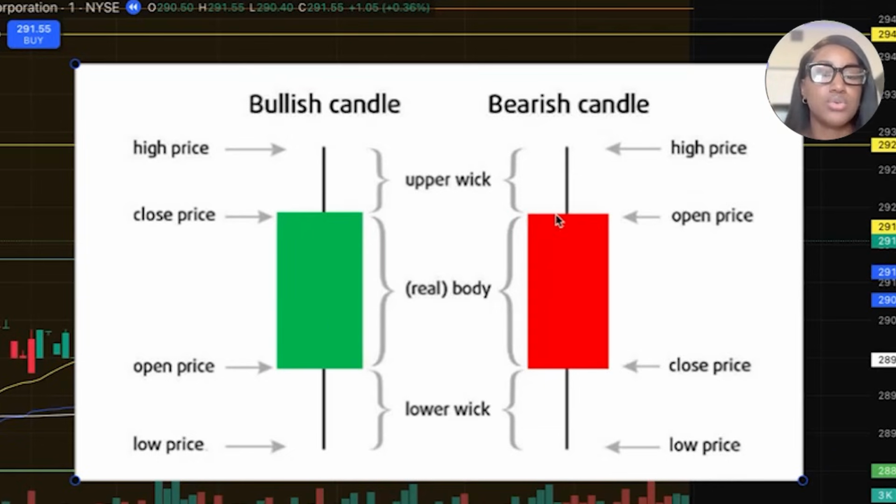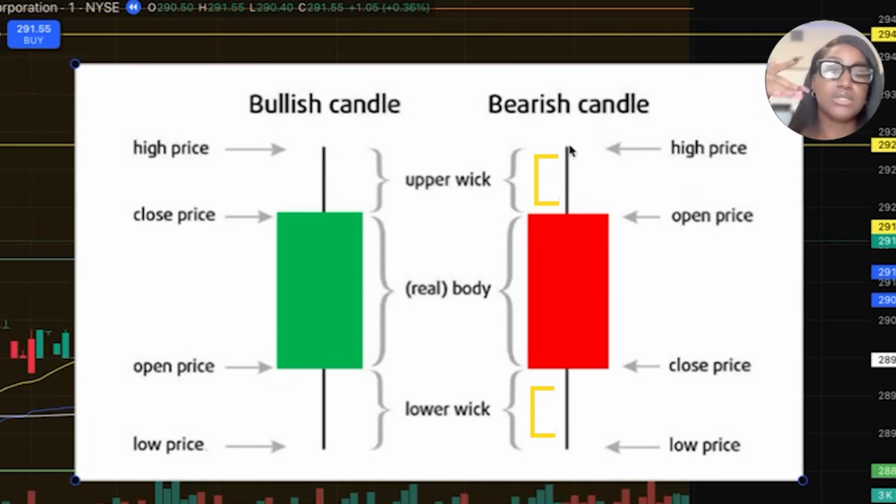Now let's go to bearish. When we look at the bearish candle, I want to point out where it opened. On a bearish candle, remember, roar, going down, price opens at the top and then it closes at the bottom, okay? So this is important to know where price opens or closes during the particular time period, okay? Then look here now, when it comes to the wick on the bearish candle, it's the exact same as the bullish candle.